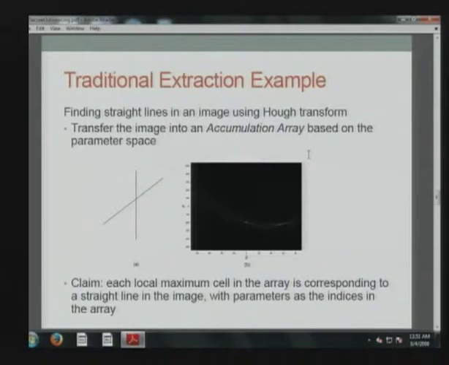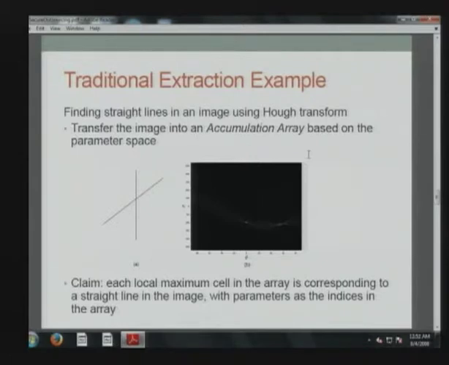So the left image is the original input image. It's the image input into the system, and our goal is to find where the straight lines are in this image. This problem is called the extraction of the shape-based features.